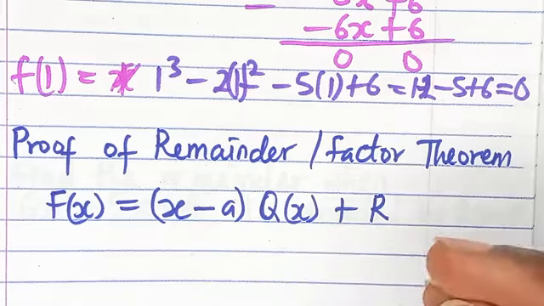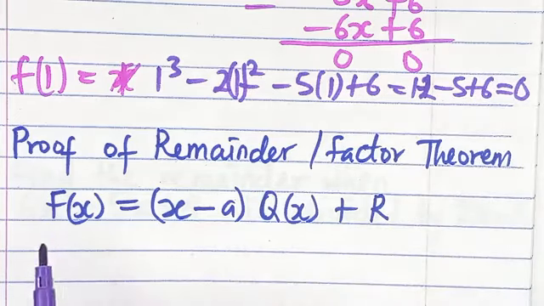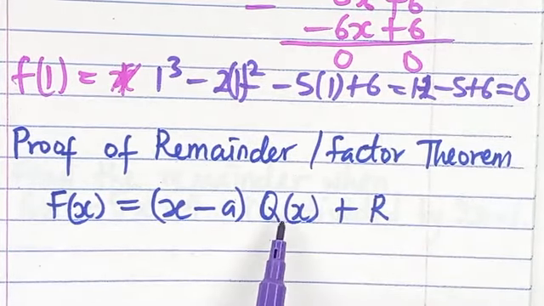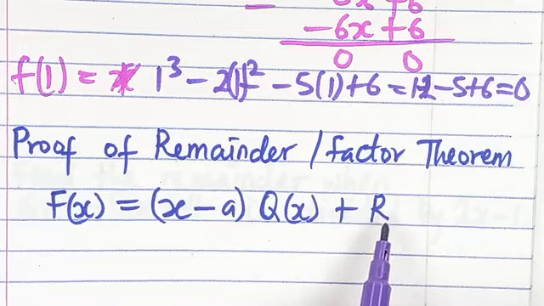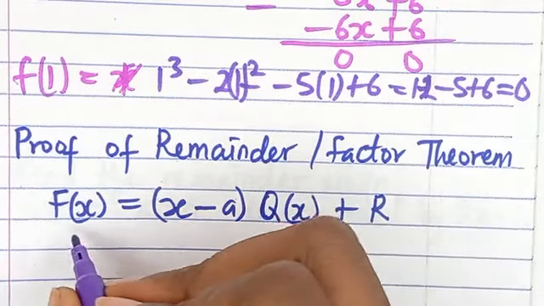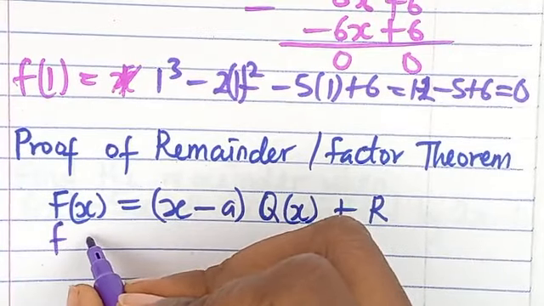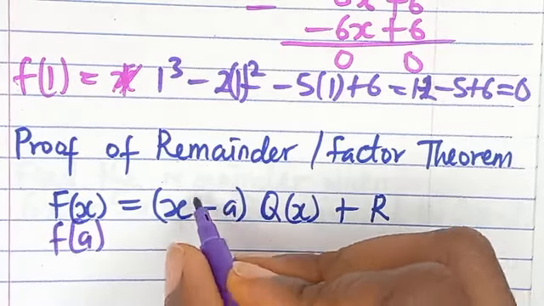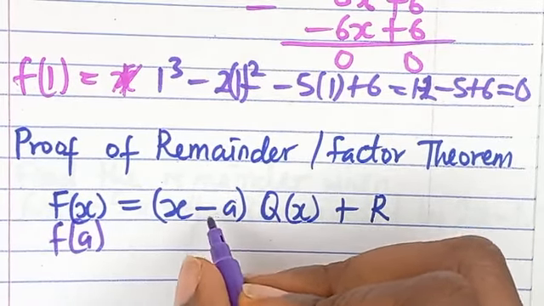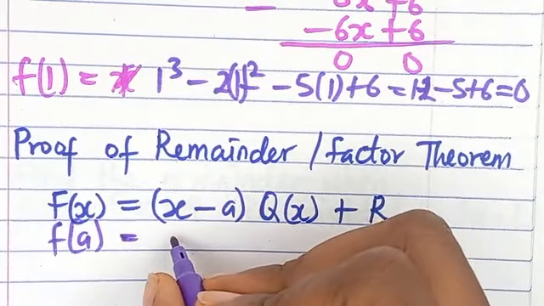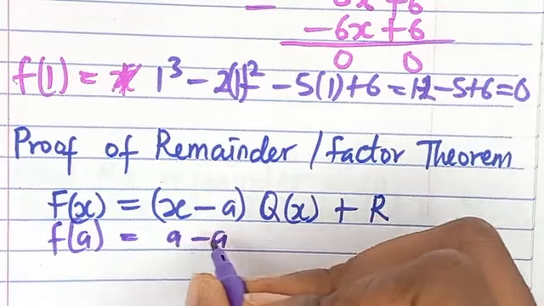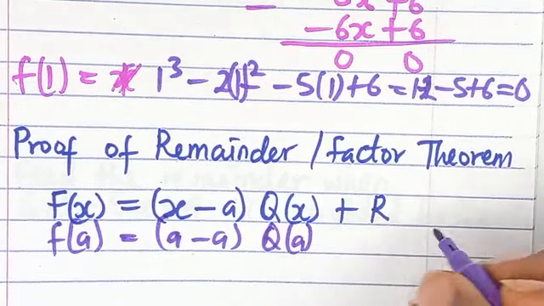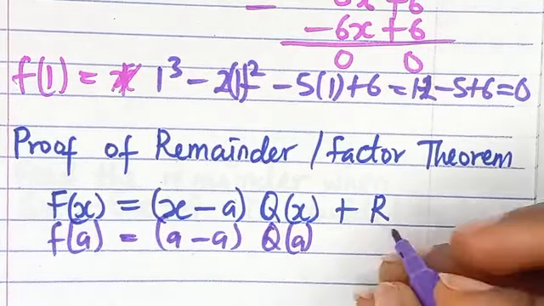So to prove that the remainder theorem is actually true, we have a function in x is equal to, this is the divisor, this is the quotient, plus the remainder. Now, let's have that function in the remainder, that is opposite sign of the constant term in the remainder, is equal to, so x is going to be a minus that a, then q in the quotient in terms of a.